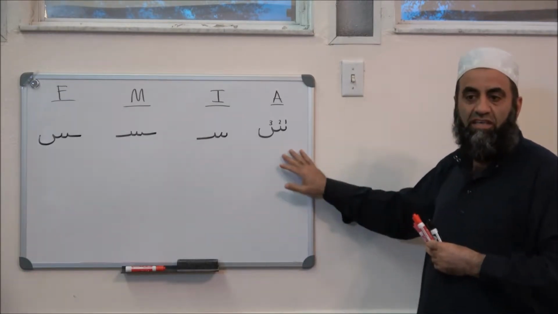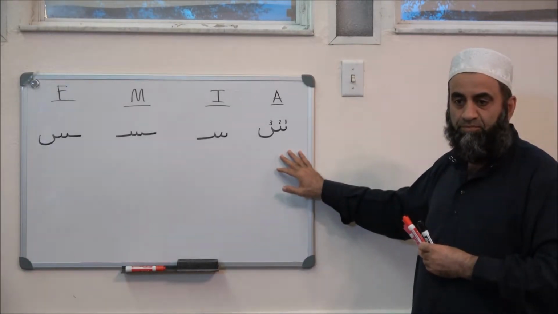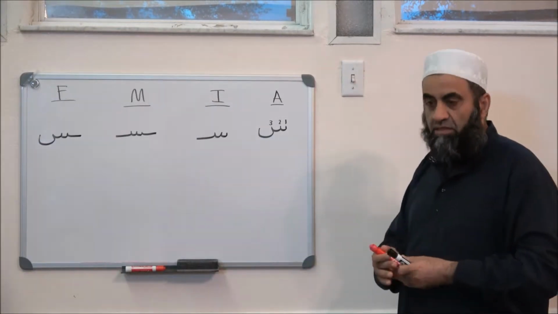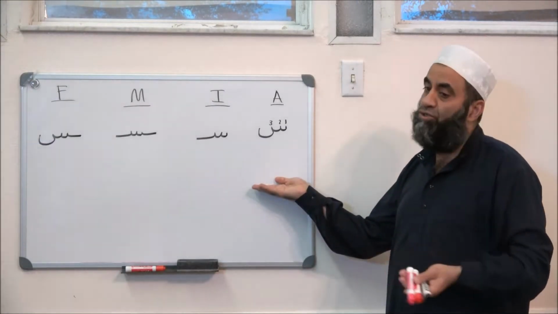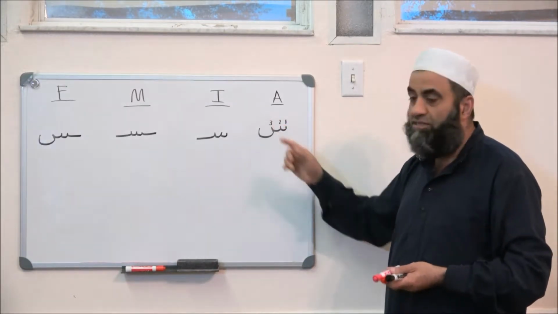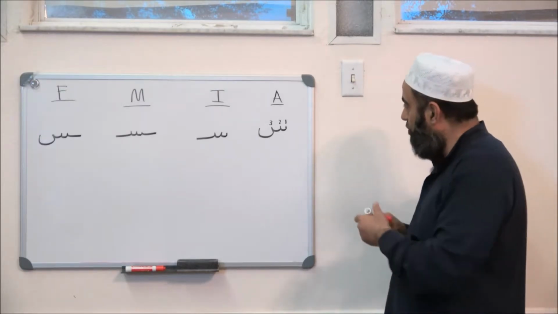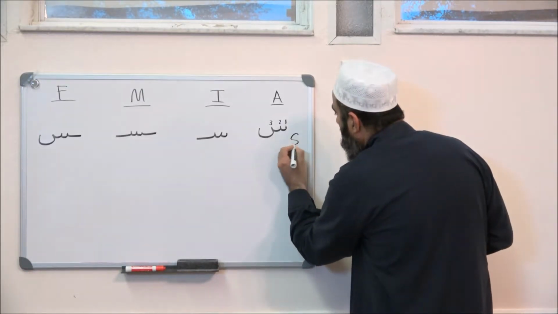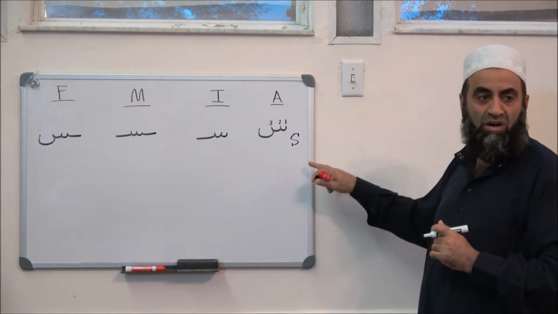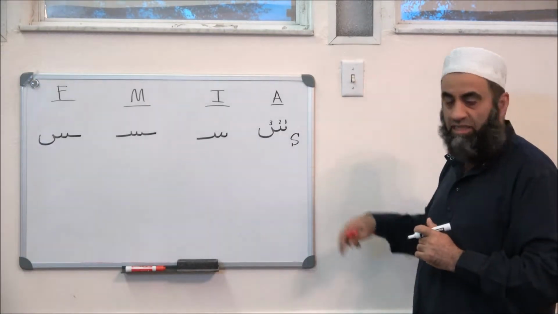So this is the sa in its 4 forms. The sha will be identical. The only difference is that it has 3 dots on the top. So I'm going to write the letter S next to this letter to remind you that it sounds more or less like the S in English.